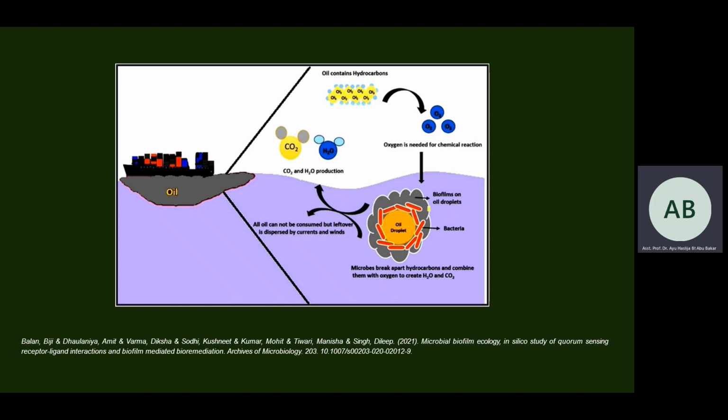Okay, bacteria, biofilm. Similar concept as in plastic waste last time. Bacteria attach to it and it will form the biofilm. Then it degrade the plastic last time, right? So similar concept for the oil droplet as well, for the petroleum hydrocarbon. So microbes break apart the hydrocarbon and combine them with oxygen to create H2O and CO2, which is the final product.